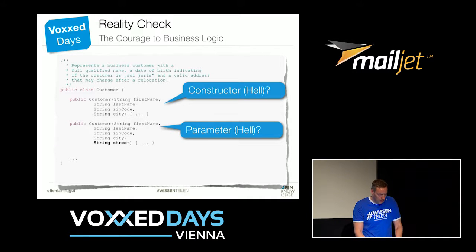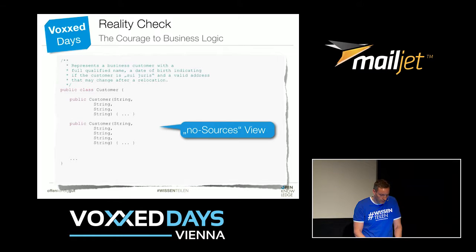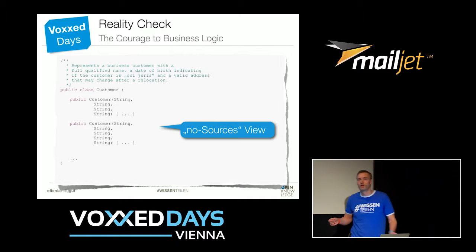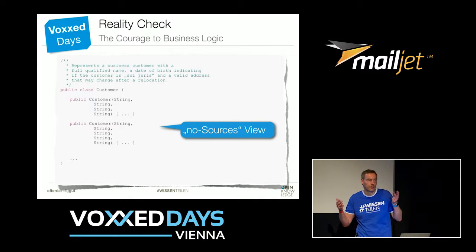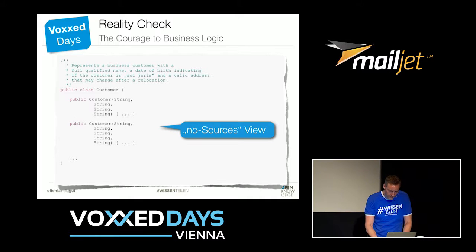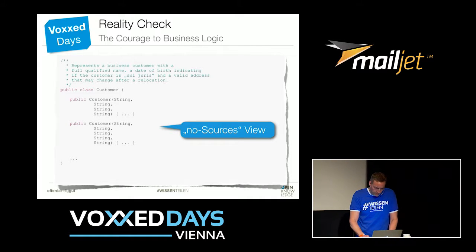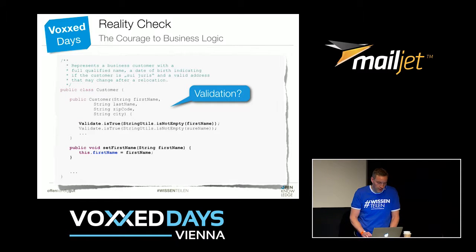And this normally leads to problems, like which one to choose, especially if I have a no-source view like this in my IDE. I see only that I have a lot of customer constructors with a lot of strings, but I do not know if it is the first name, last name, or address, city, street, or something like this. Okay, and what about validation?